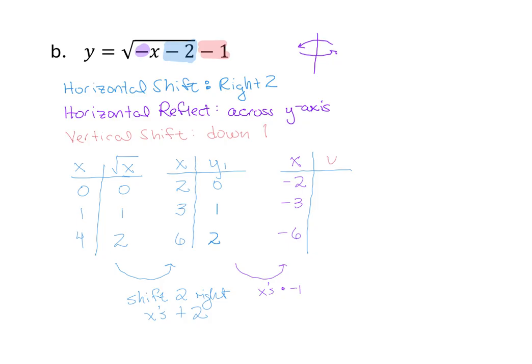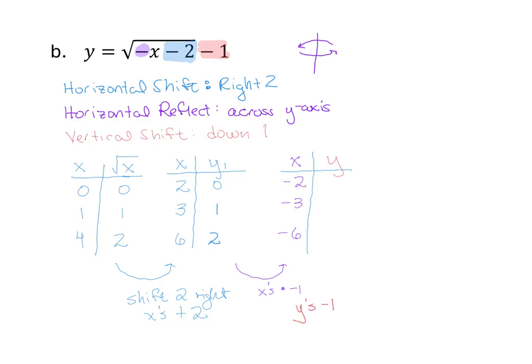For this one, I'm also going to do my y's at the same time because they're not connected. I only do a couple tables if we're talking about connected things, but because the y's are not connected to the x's, we can do these at the same time. And so remember that we want to do our y's minus 1.